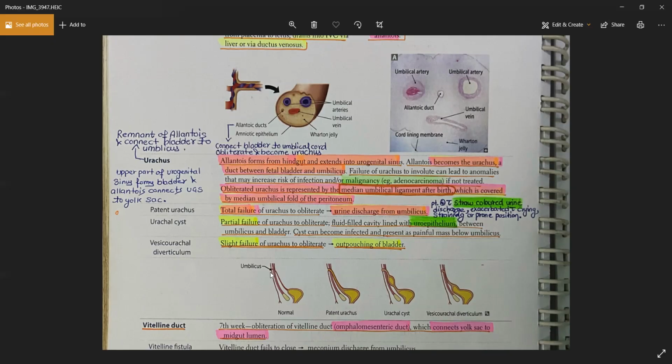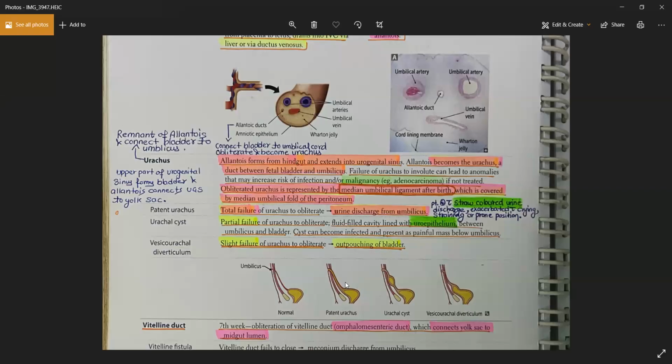Now, if this structure is not obliterated, there will be a persistent connection between the urinary bladder and the umbilicus, and you call it a patent urachus. Now, what can happen? All this urine will be discharged from the umbilicus also, right? That happens whenever you have increased abdominal pressure.